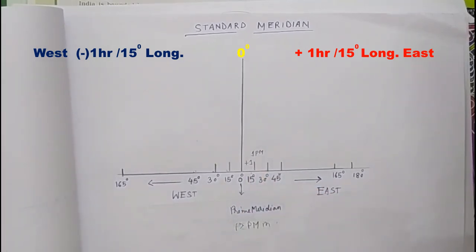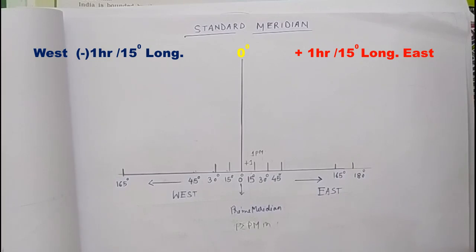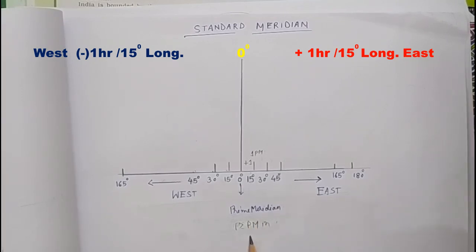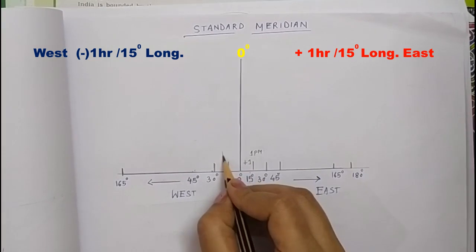Remember, when we move from the prime meridian towards the west, for every standard meridian time is decreasing. So if the time at the prime meridian is 12 noon, then at the very first standard meridian on the west side, time will be 11 a.m.